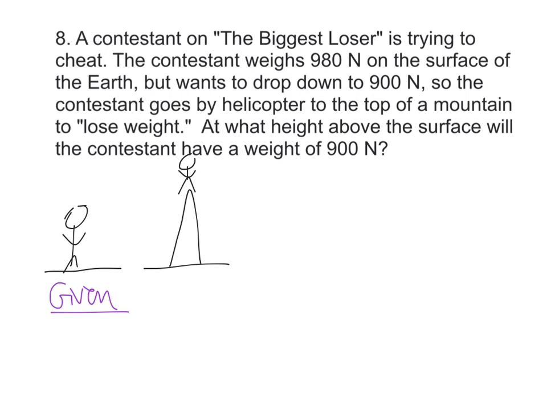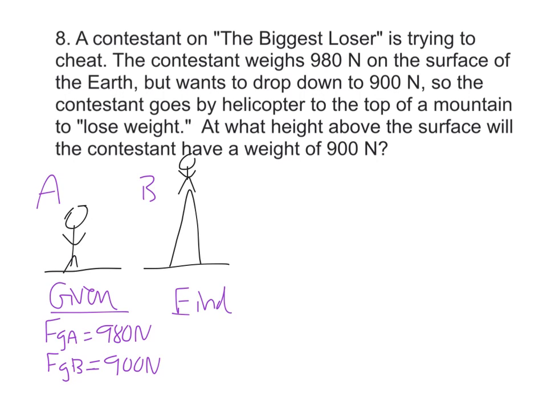Our given information, and I'm just going to call these A and B: we know that the weight at A is 980 newtons, and the weight at B is 900 newtons. What we're looking for is how high, so the height, which I'm going to call H, that this person has to go in order to weigh 900 newtons.